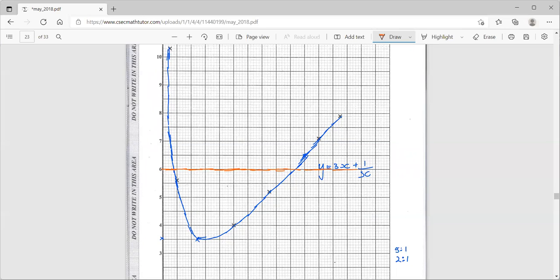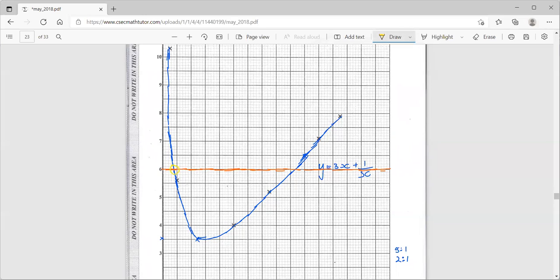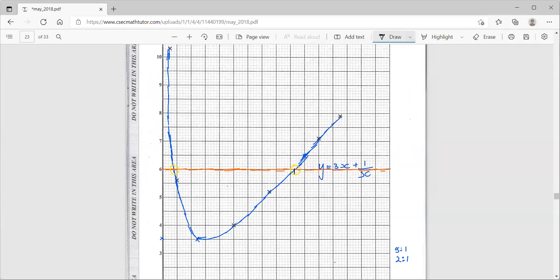And we have to read out the points where it cuts the graph. So it cuts the graph here and here. How do we find our values for that? What do we have to do? We could draw a line going down to see where it will fall.